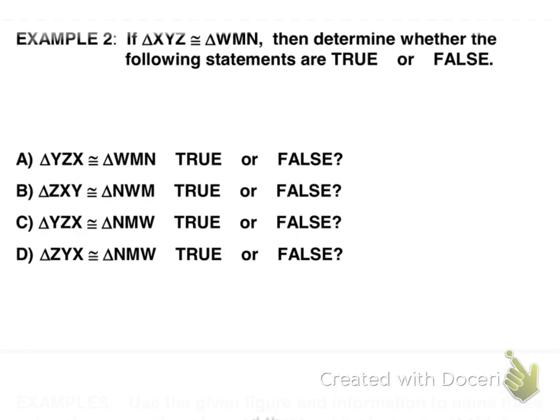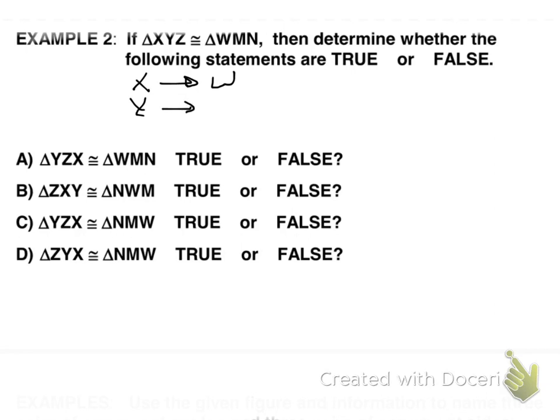Now let's look at this piece. We have triangle XYZ and triangle WMN, and determine whether the following statements are true or false. Well, we know that X is corresponding with W, vertex.